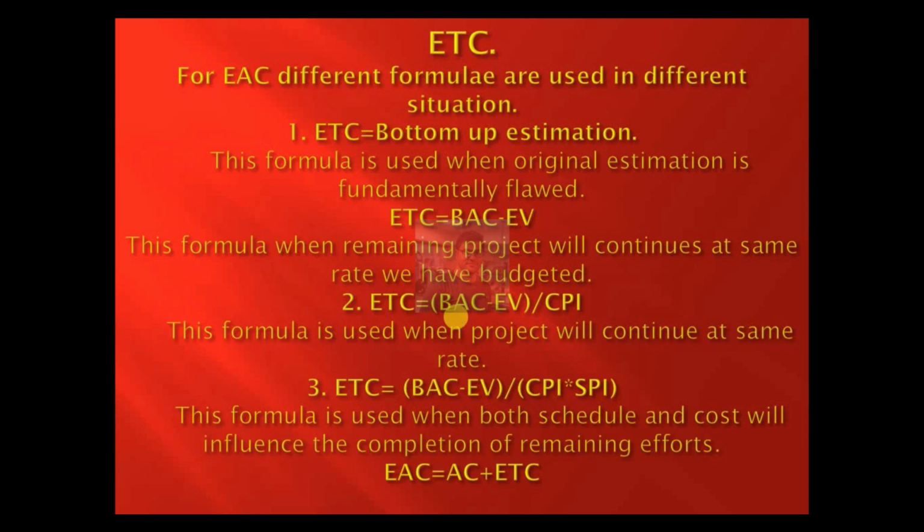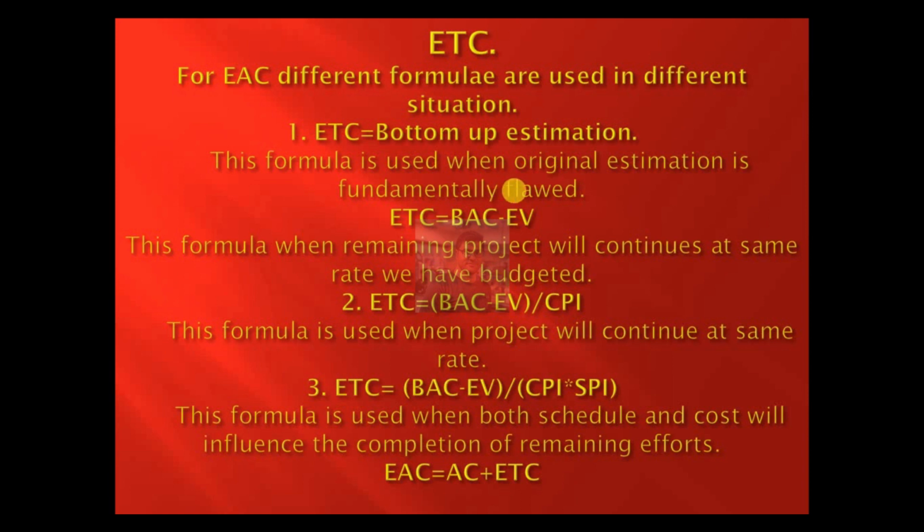Then there is the remaining work. For that remaining work, there are different formulas to be used in different scenarios. For example, one scenario is that our original estimation was fundamentally flawed.